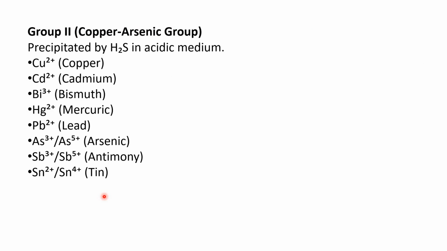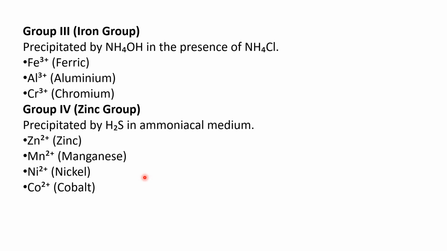Then coming to group 2, where the group reagent is hydrogen sulfide gas in acid medium, and the precipitates are formed in the form of sulfide. Here the cations are cupric, cadmium, bismuth, mercury, lead, arsenous and arsenic, antimony plus 3 and plus 5, and tin, that is stannous and stannic.